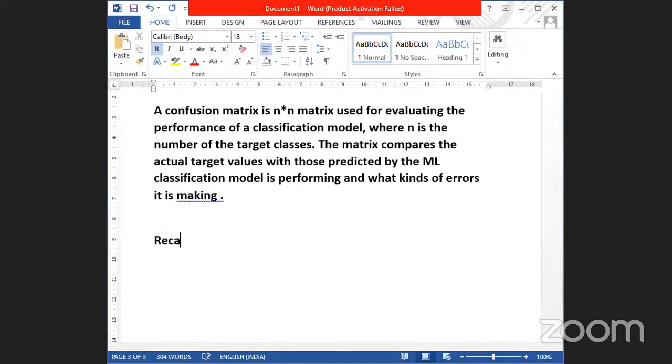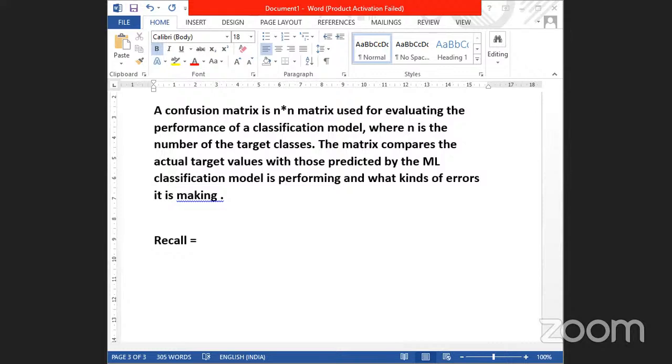Recall, right? What is the formula for recall? And what is another name for recall also? Okay, good, Vishwanath. So, what is recall?